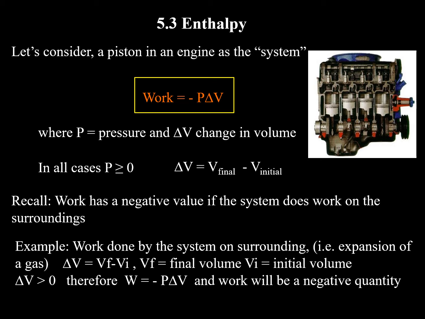So if you have, for instance, an explosion in a piston, it does work on the surroundings, it pushes the surroundings, and you'll get a negative value. Example here, work done by the system on the surroundings, the expansion of a gas. We'll go through the calculation in a second, but the V final here will be greater than the V initial. Therefore, work is equal to negative P delta V, and the work will come out to be negative if V2 is greater than V1.